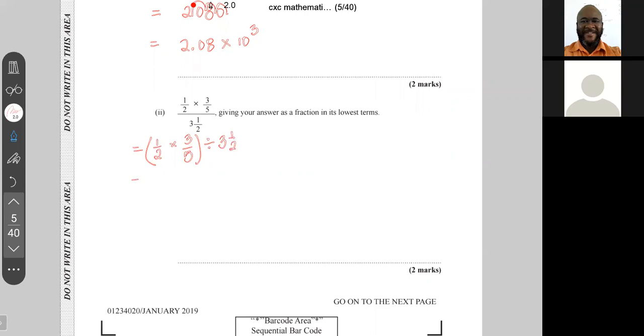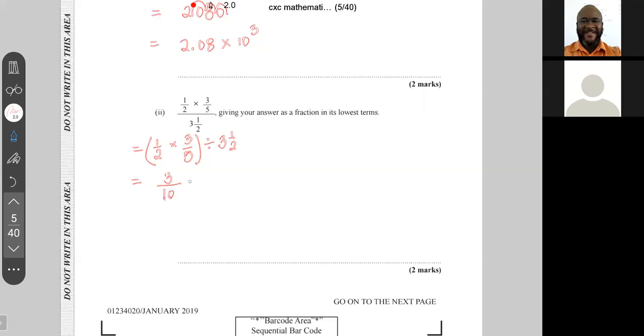So let's multiply this. When you're multiplying fractions, you cancel. When nothing can cancel, you multiply numerator by numerator and denominator by denominator. So 1 times 3 is 3, over 2 5s are 10.